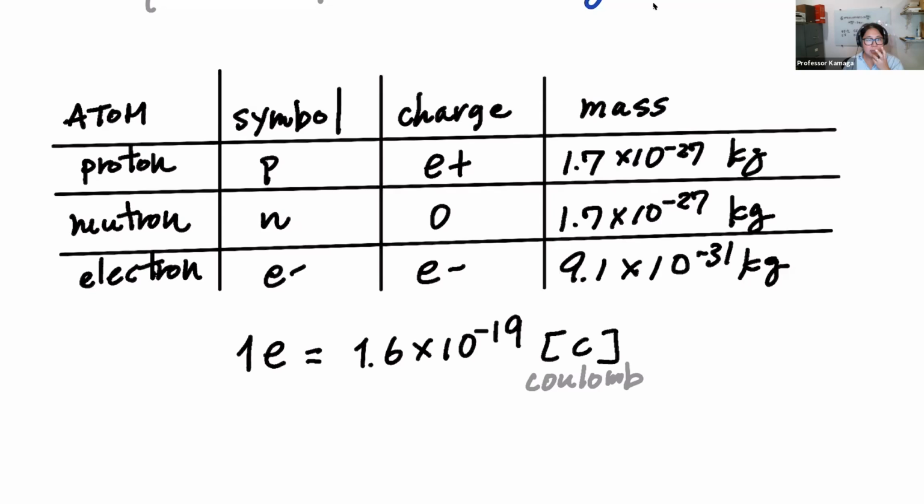Or 126.347 electrons? No, we can't. It has to come as 1 electron, 2 electrons, 3 electrons, right? You can't have half of a dog. So what it means is that these electric charges are quantized.